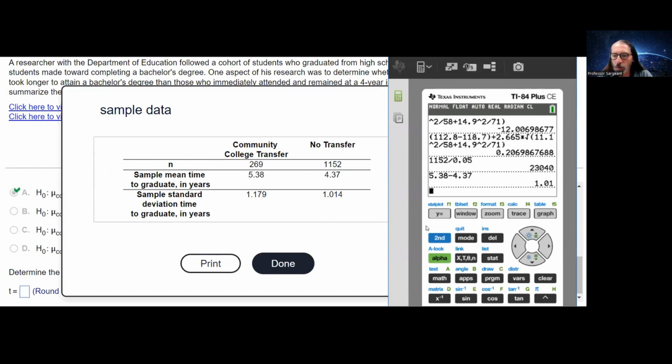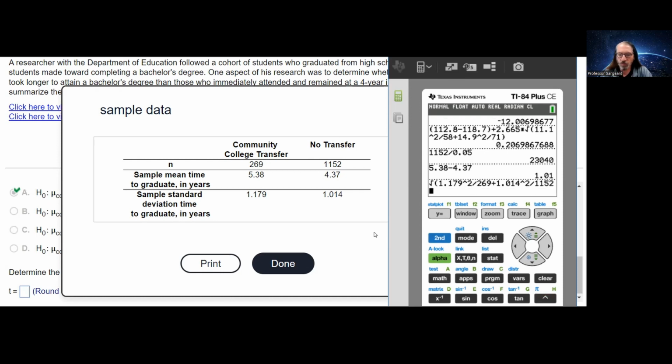And then our standard error, 1.179 squared divided by the 269 plus 1.014 squared divided by the sample size associated with that, 1,152.